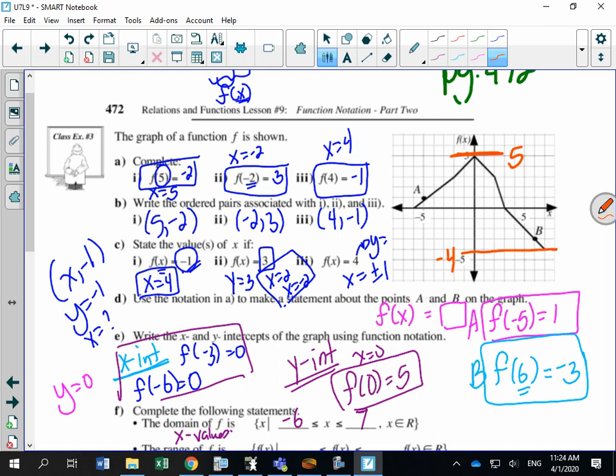Now, the range is kind of interesting because we're doing function notation. Normally, I would say you put y in the center and you put your biggest on the right and your smallest on the left, right? So normally it would be the biggest number is 5 and the smallest number is -4. That's what we would normally do, comma y ∈ R.